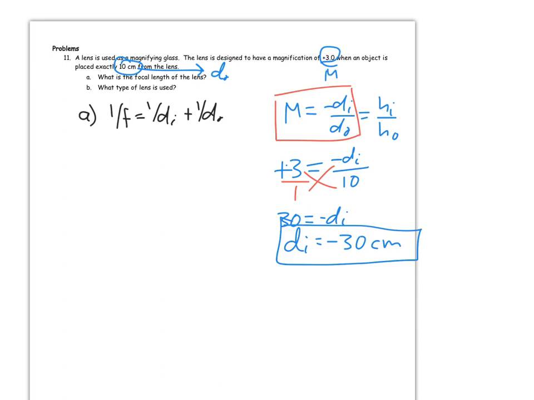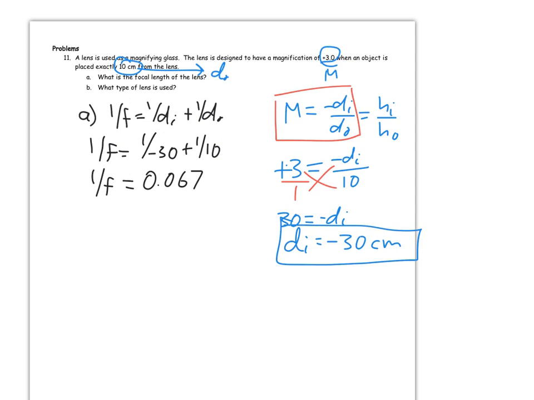So now that we have that, we can sub that into this equation here. We can say 1 over F is equal to 1 over negative 30 plus 1 over 10. We find that 1 over F then is going to be equal to 0.067. It's rounded a little bit, but that's what the value ends up being.